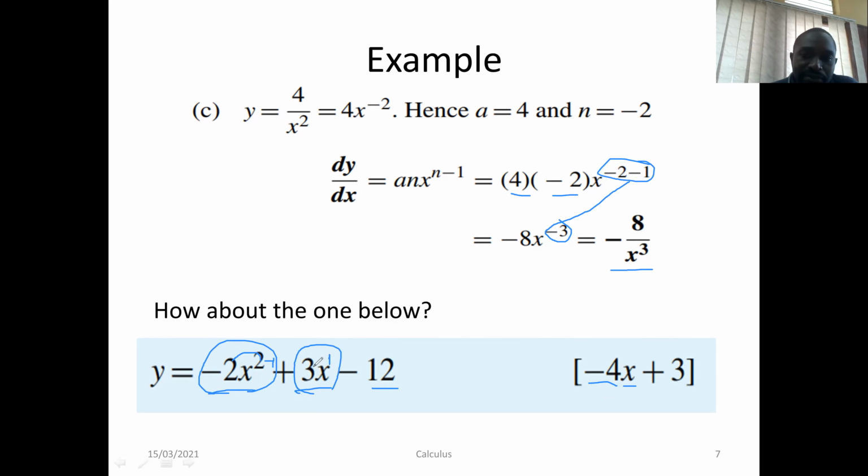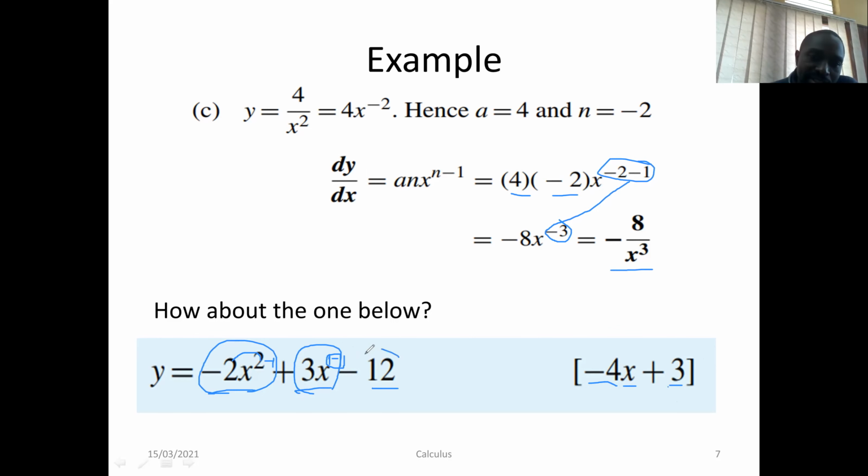So 1 times 3, giving us the 3 here. And then this same power minus 1 gives us x to the power 0 in this part, and any number to the power 0 gives us a 1. Therefore, 1 times 3 just gives us a 3 here.